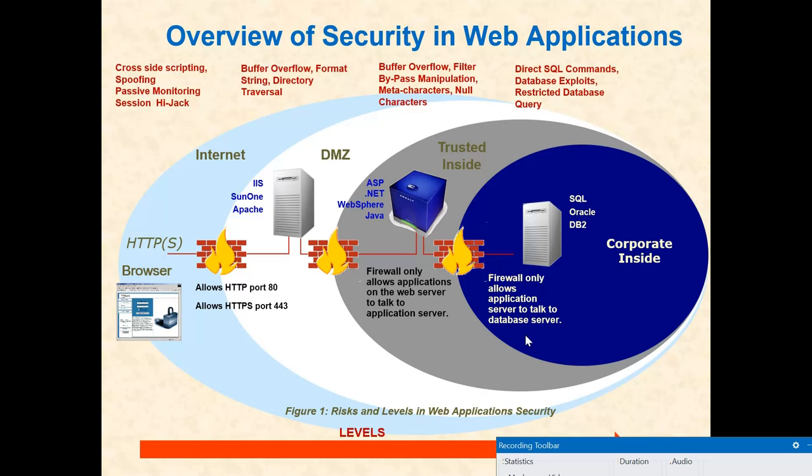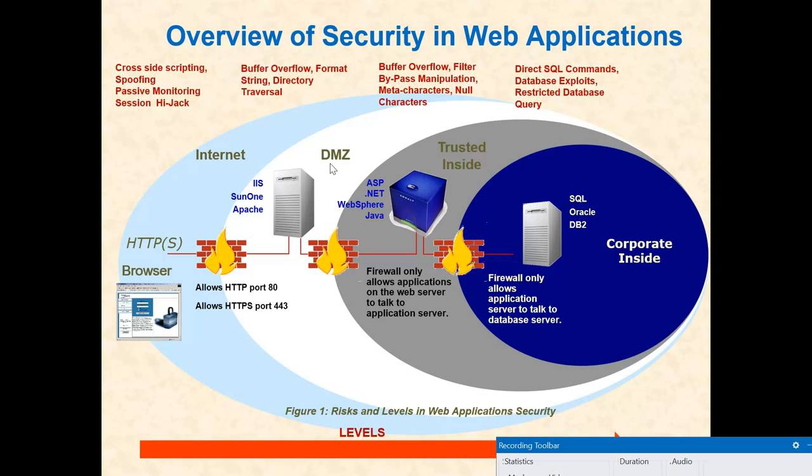A particular organization may have a network, which we call corporate inside, and then they can also have other networks called trusted inside and DMZ. We call it DMZ because after this level, it is actually exposed to the internet world.